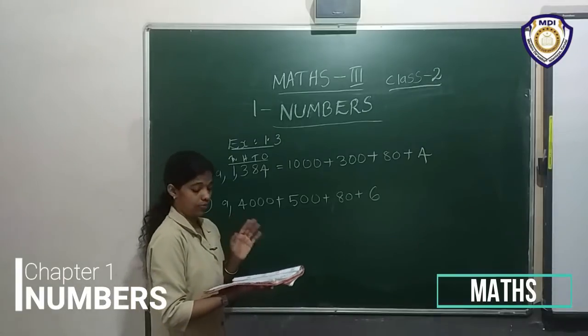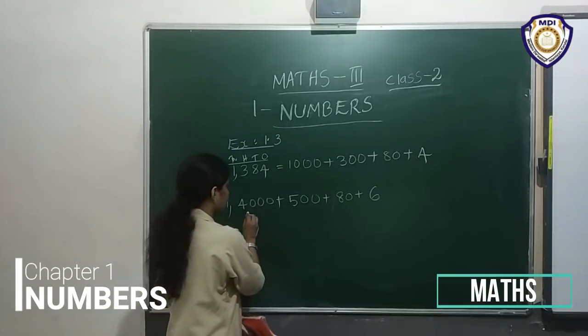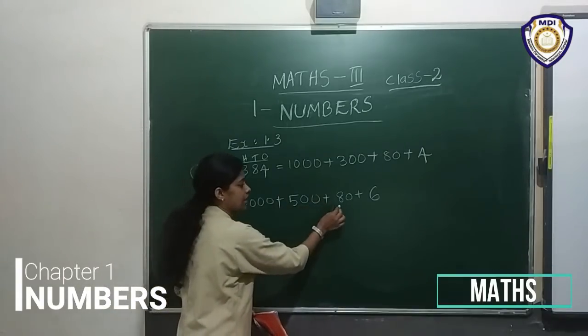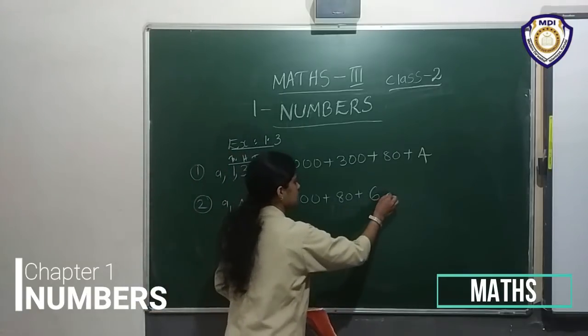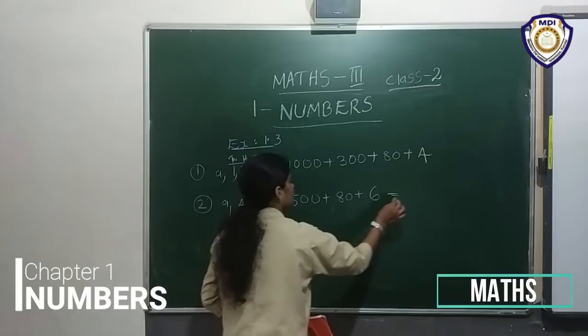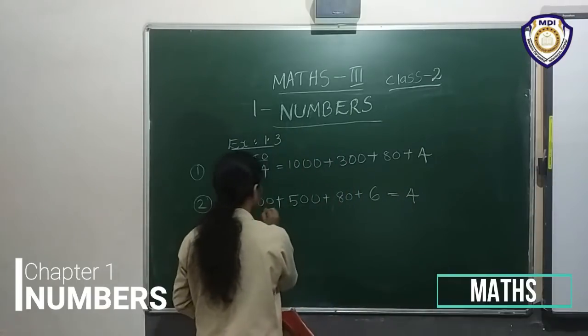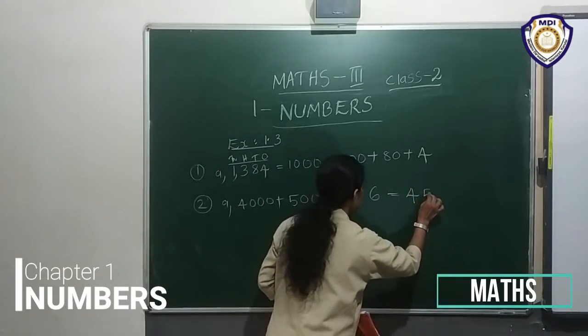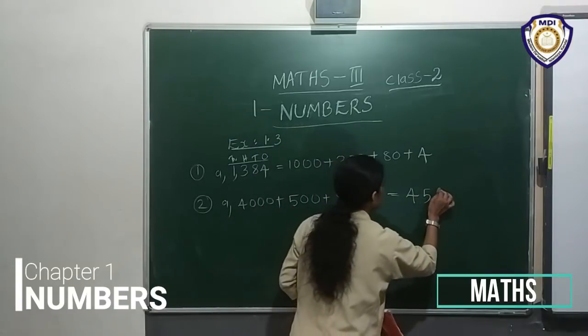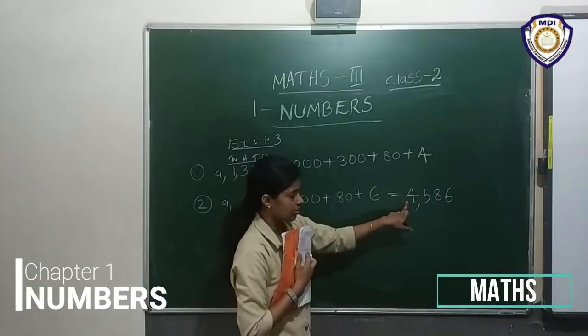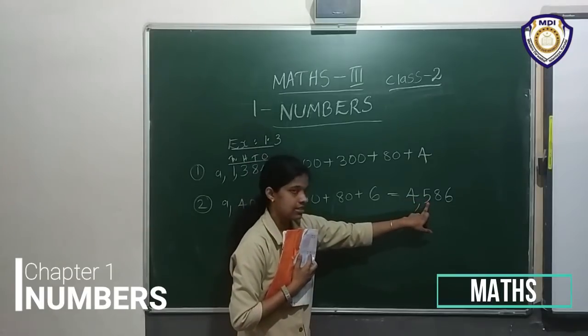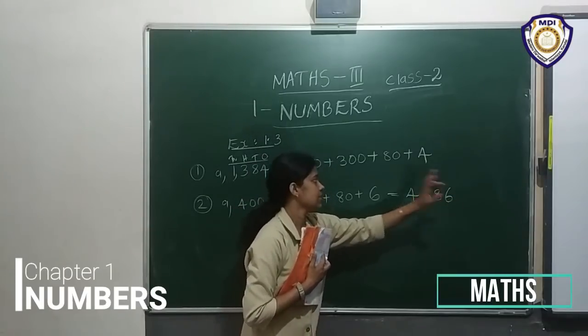Write in short form. 4586. How to read? 4586. Okay.